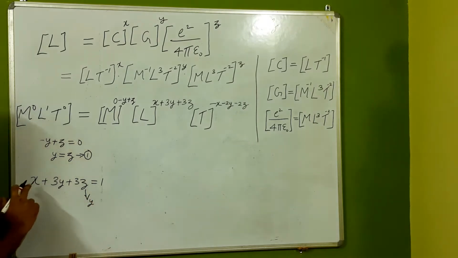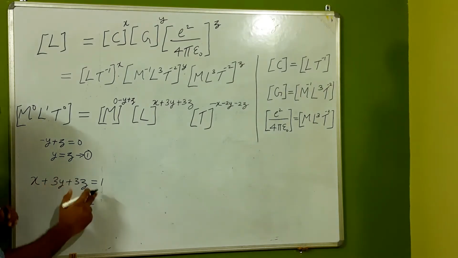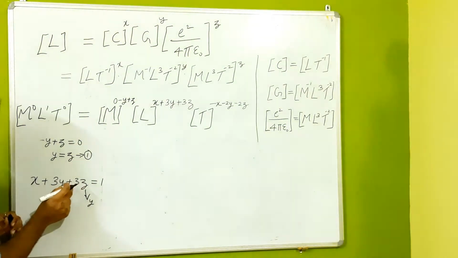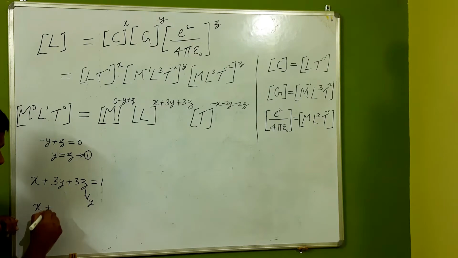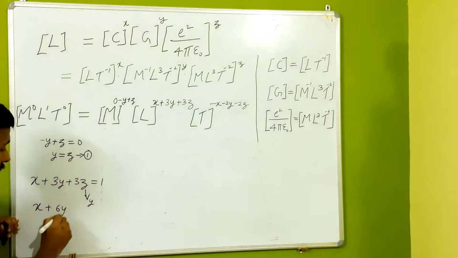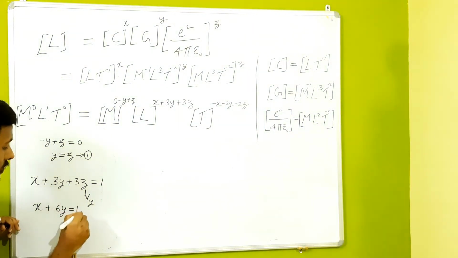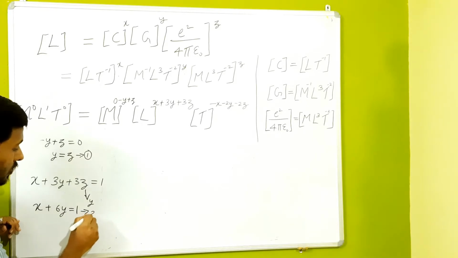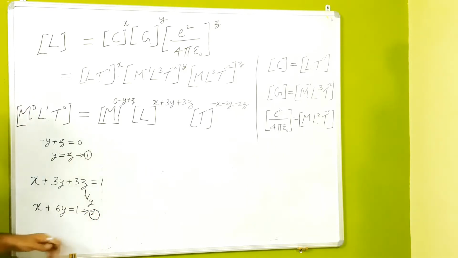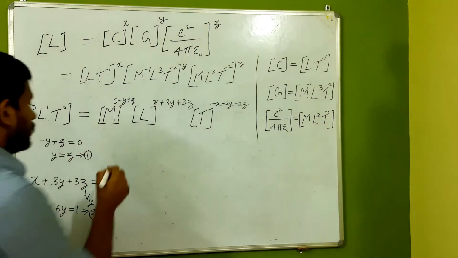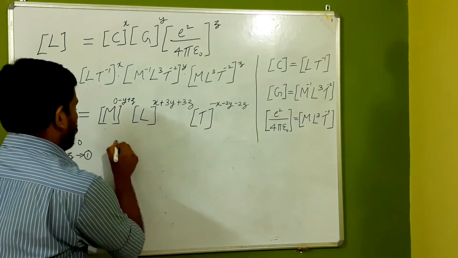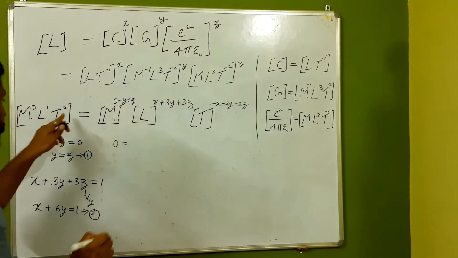So the equation becomes x plus 3y plus 3y, and this 3y and 3y becomes 6y. So I have x plus 6y is equal to 1. So this is equation number 2. And from the third, we have 0 is equal to, then what we have?